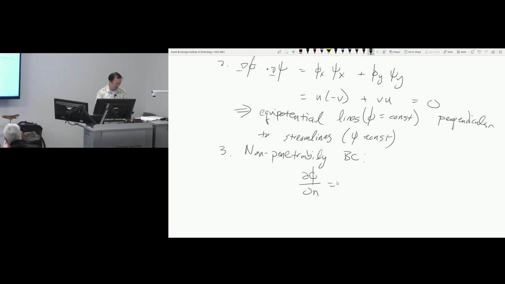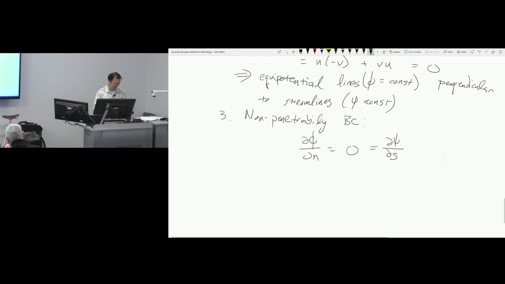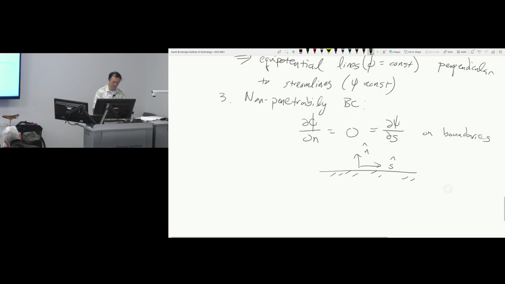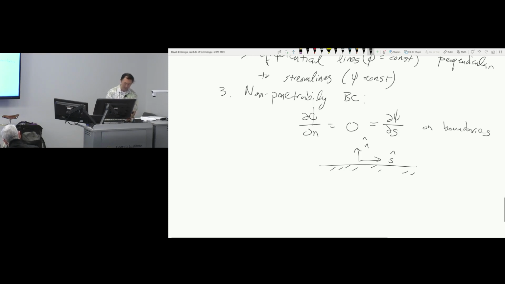The non-penetrability boundary condition means that d phi dn is the velocity into your body, and that's equal to d psi ds on boundaries. Physically, if you have this solid body, my n hat vector is the outward normal, and my s hat vector is parallel to the body. So when we want to model rigid surfaces, we represent them as streamlines.